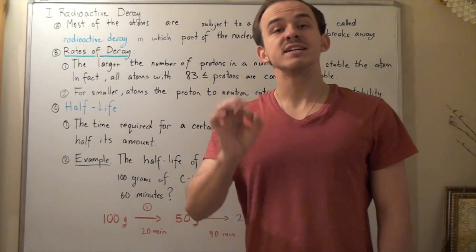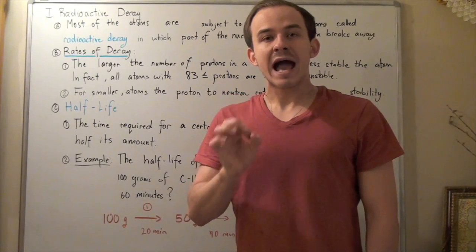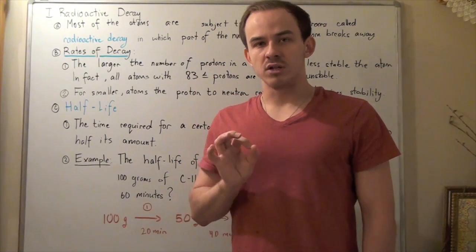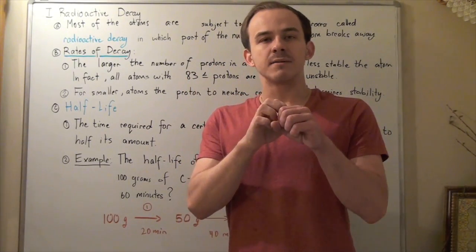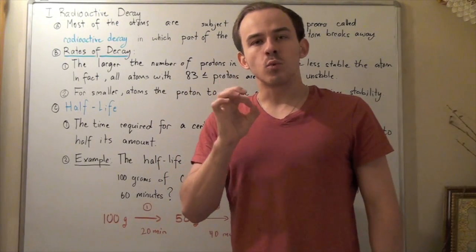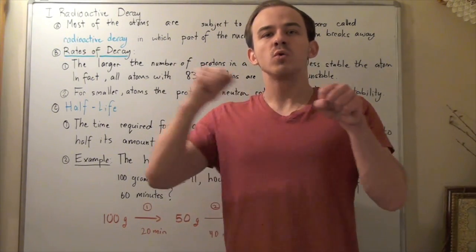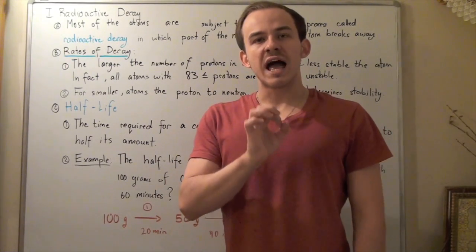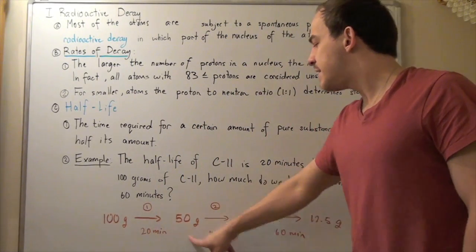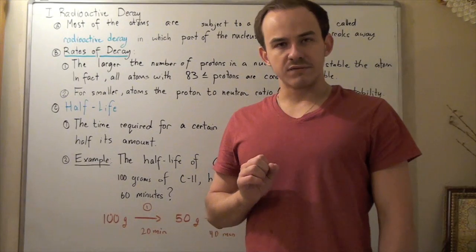Why? Well, because it took 20 minutes for our relatively unstable atom, carbon-11, to break away. In other words, exactly 50 grams of its nucleus broke away from its original atom. And we have now 50 grams of carbon-11 left over.